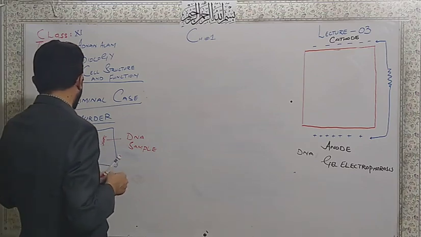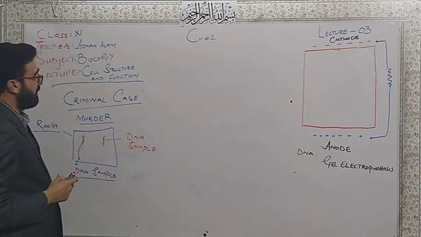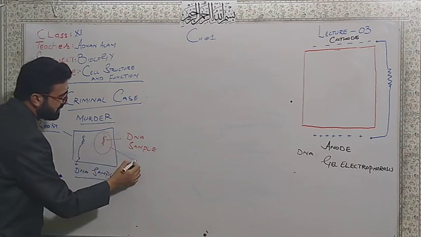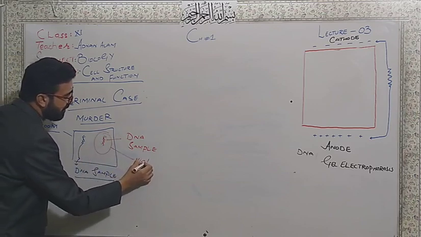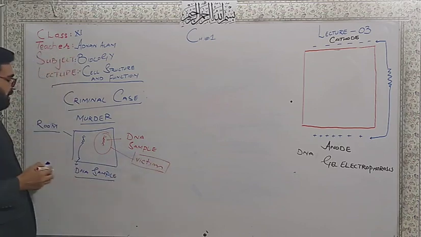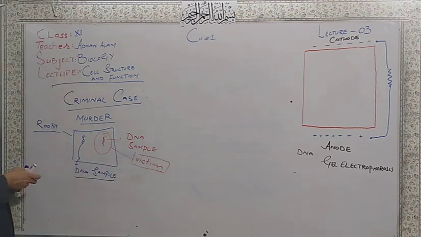In the DNA, we got two DNA samples, in which one is the victim DNA, the person who was killed. And this is the DNA sample which is definitely of the killer.